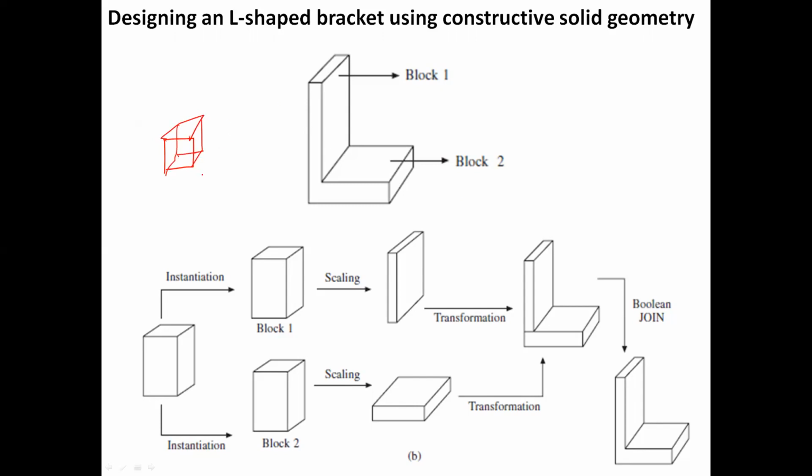And to create this block, I will create an object. Like I'm making block 2 first. So block 2 is actually something like this. This is what block 2 looks like.